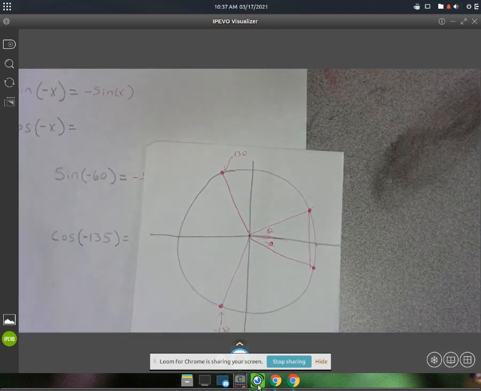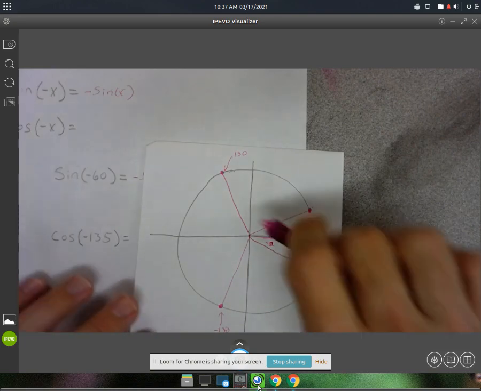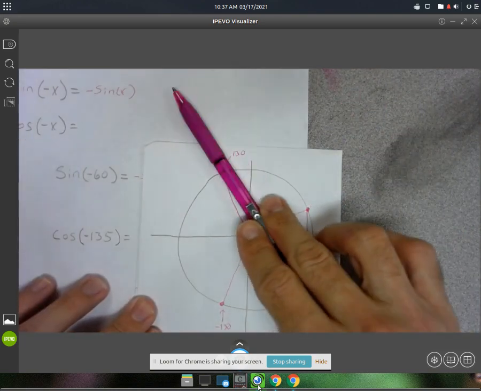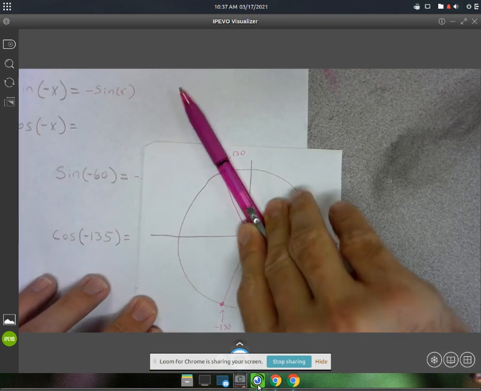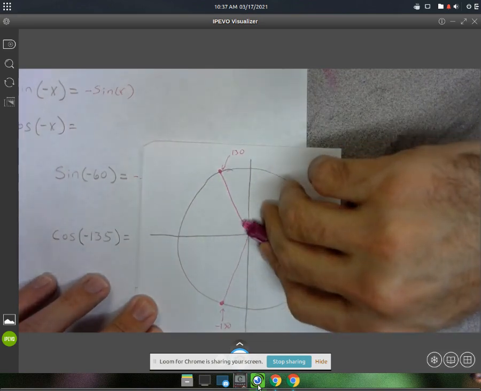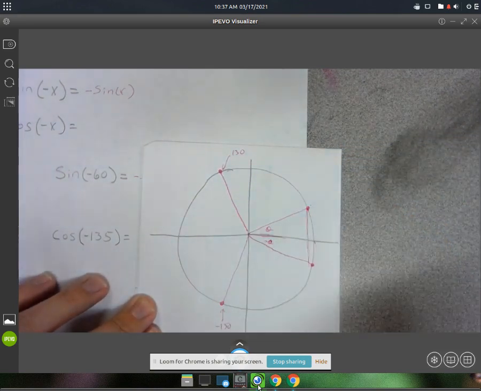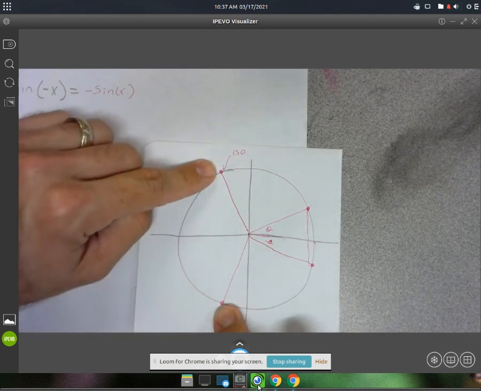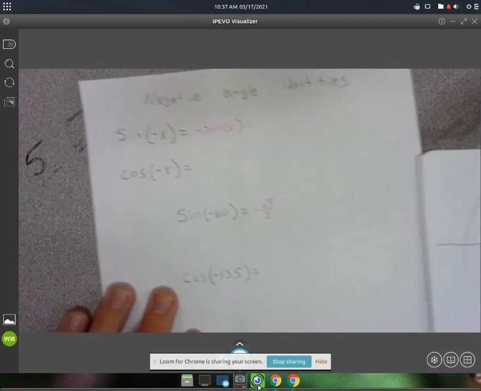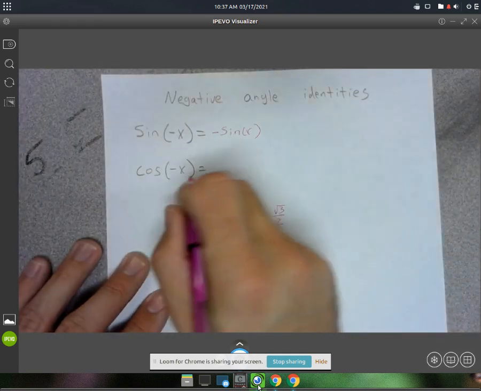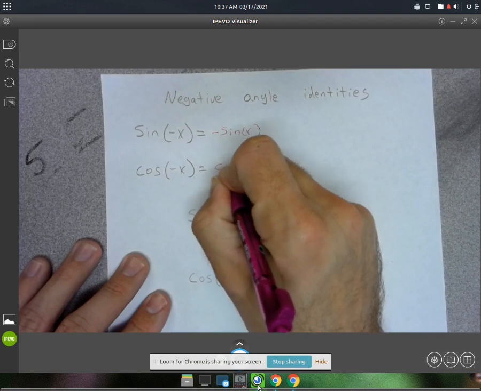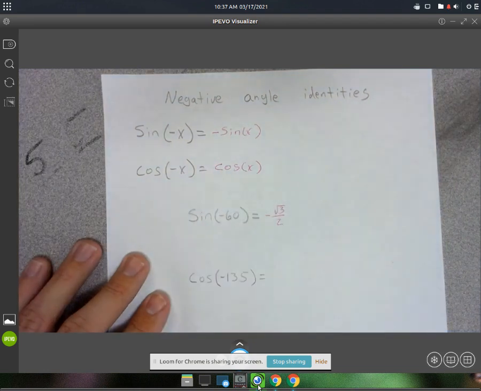So whereas with sine the answers differ by a negative, with cosine you actually get the exact same answer. If you rotate 130 this way and take a snapshot of the x value, or if you rotate 130 degrees this way, the x values here and here are the same. And that's our answer. So for cosine of negative x, the identity is simply cosine of x.